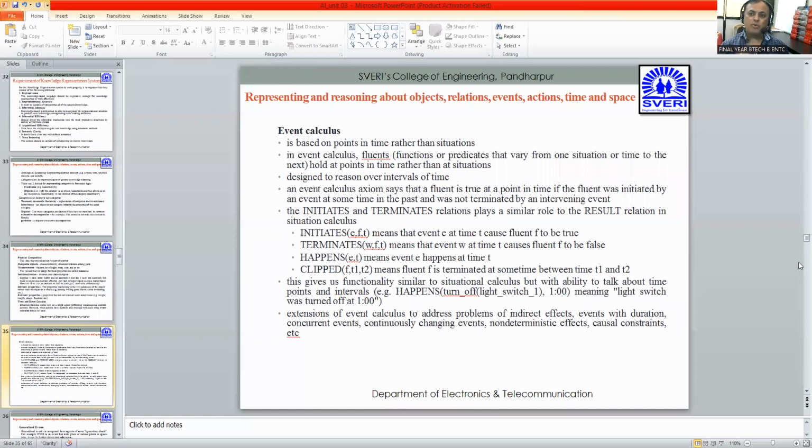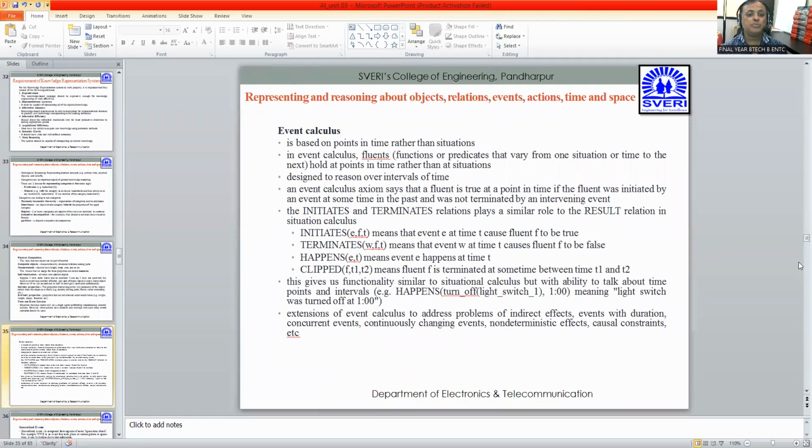Because if you take either of the two, you will face the same issues, which is why I took this first, and we will take situation calculus later. So this gives us functionality similar to situation calculus, but with the ability to talk about time points, which situation calculus does not have, and intervals. Example: Happens(TurnOff(LightSwitch1), 1) means light switch 1 was turned off at 1.